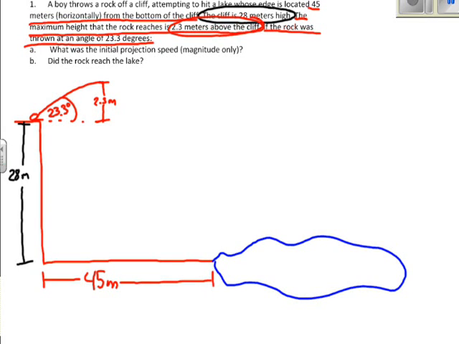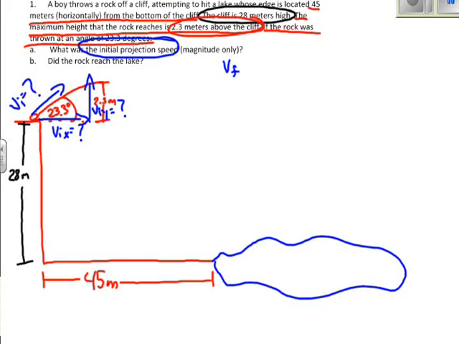Now we move on and identify what this question is actually asking us. The first thing they're asking is what the initial projection speed was. In essence, what was the initial velocity of that stone at the 23.3 degree angle? In order to figure that out, we're going to need to know what the initial x and y velocities are. You see a triangle there where we're looking for the hypotenuse and we're given an angle.